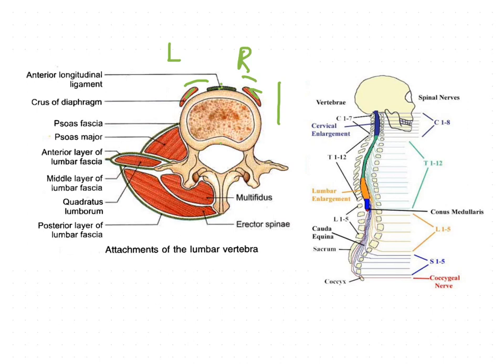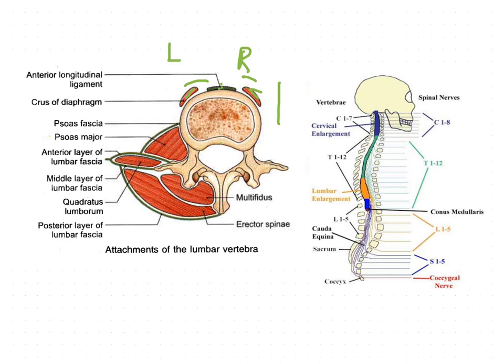So if you refer to the origin of the diaphragm, it will have the crural fibers, right fibers as well as the left fibers, isn't it? In that, the right crus of the diaphragm is attached to the upper three vertebrae, that is L1, L2 and L3.